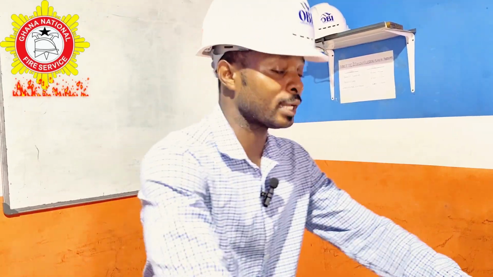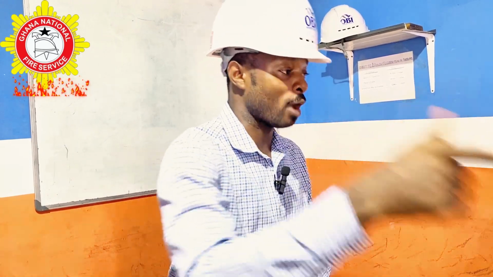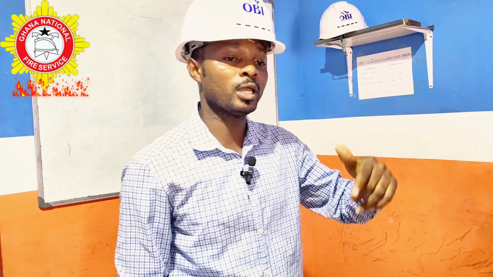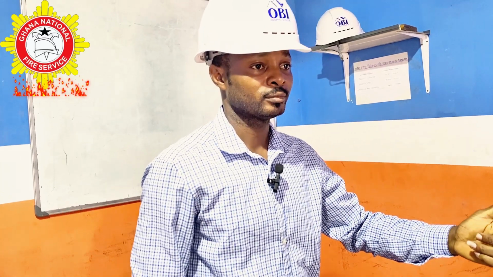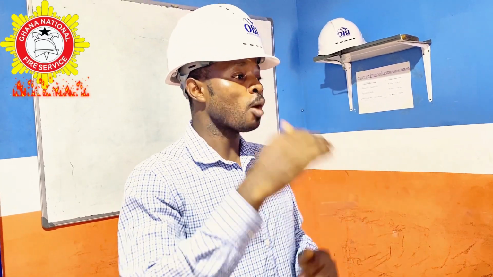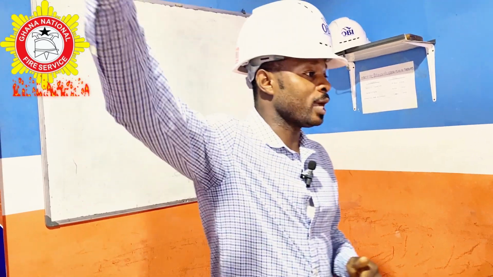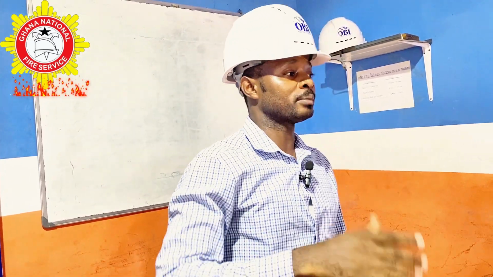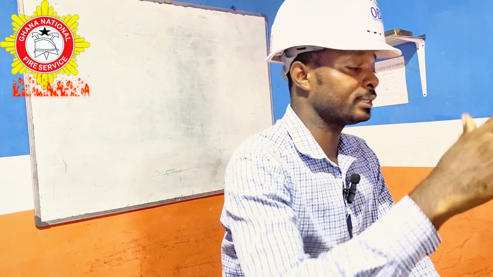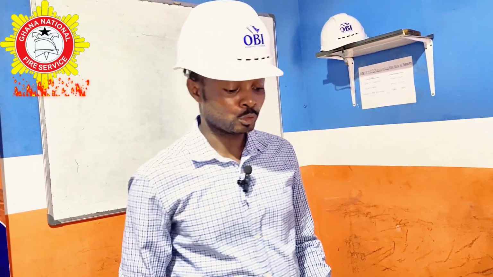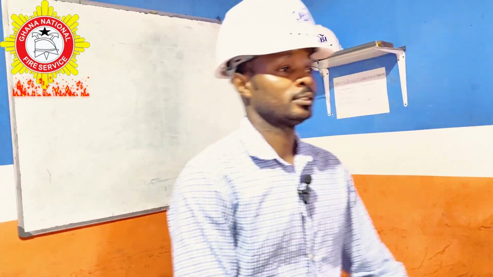But sometimes, if you can't handle the source, as you are trying your best to extinguish it, you let somebody else call the fire service, so that it will not be that you call them and they don't come early. One, because you don't know where our fire stations are. Okay, so that's the growth stage.